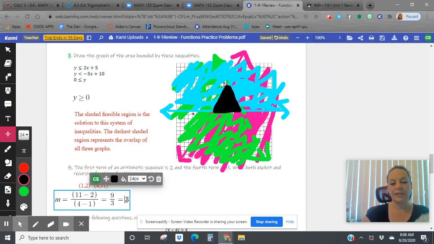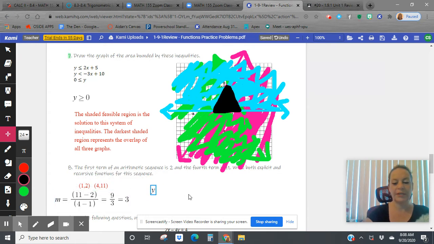So now that I have the slope and I have a point, I can write the explicit using point-slope form. y minus 2 equals 3(x minus 1). That's one right answer.